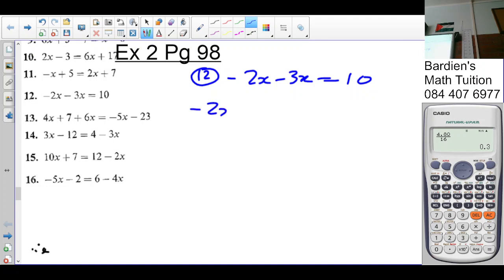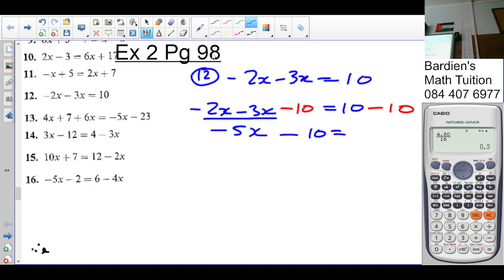Then negative 5x minus 10 is equal to 0. And then I said negative 15x. Can she add this, unlike that? That's your mistake. It's your first mistake.